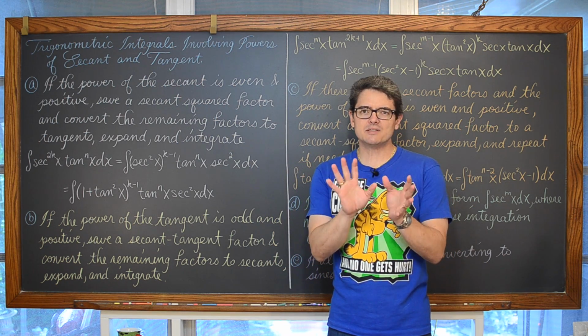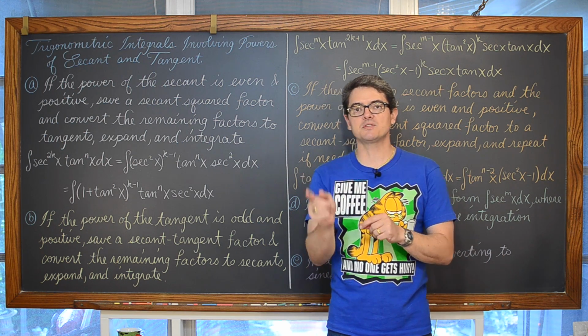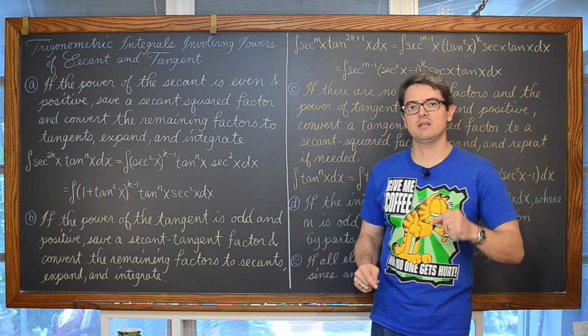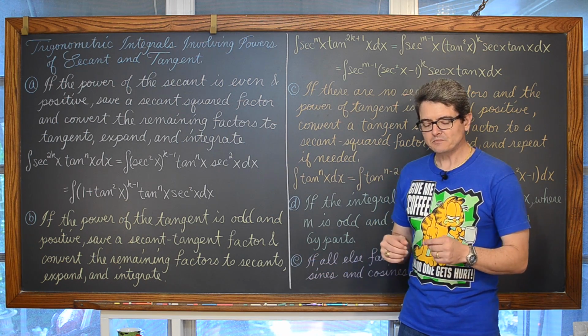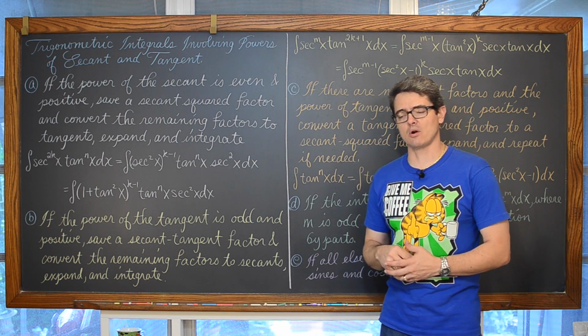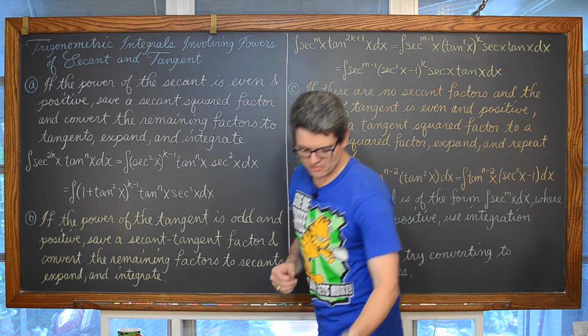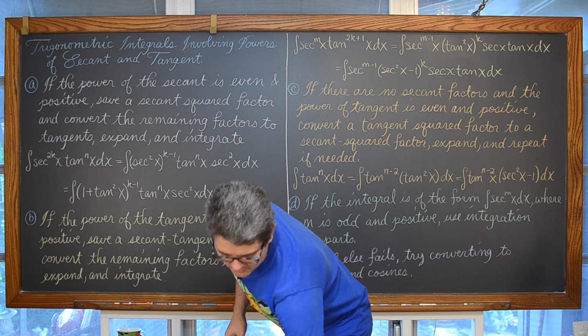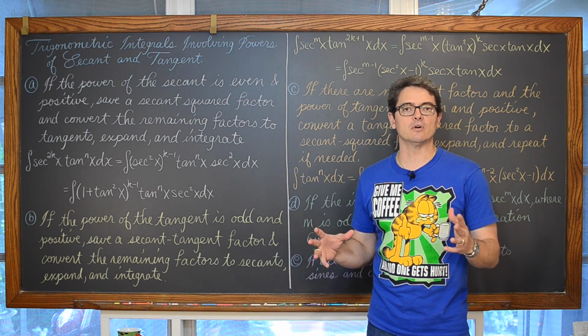So that's a little bit of an issue there, where the derivative of secant has in its derivative secant and tangent, which will allow us with some of these problems to have a choice in how we start our problem. And we're going to be talking about that in the third example. I think it's a third or maybe second example, where we're going to do that example 2 different ways. And we're going to get 2 answers that look completely different.